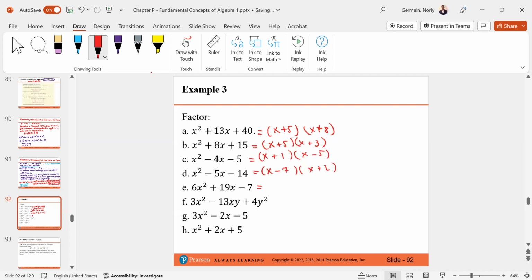Okay, so we can try that and try combinations of all of them. That's trial and error. But because I want to skip trial and error with you, using the grouping method appears to be the best technique, right? So what we're going to do first of all, I'm going to just take this one.